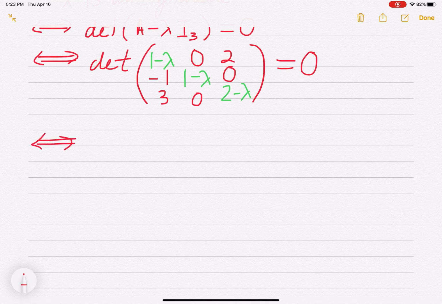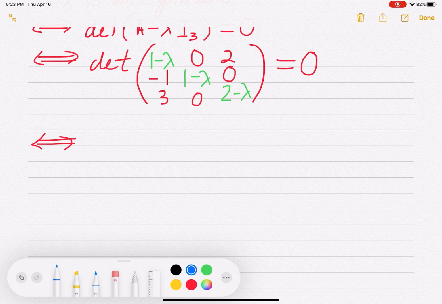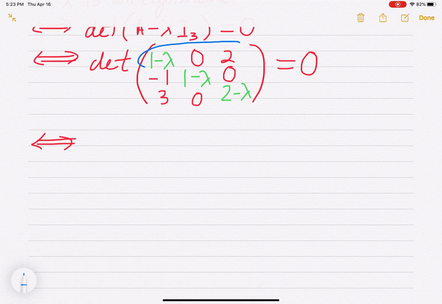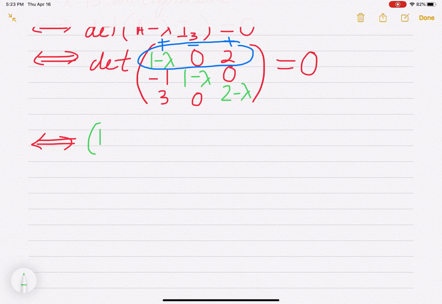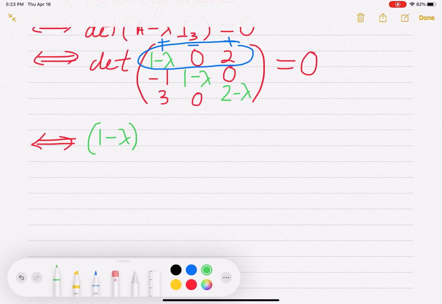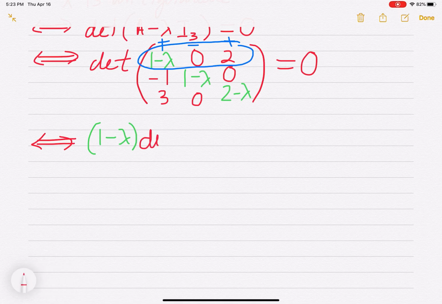So if I were finding the determinant here, I would probably expand across the first row. We're going to have what signs? Plus, minus, plus. So I start with 1 minus lambda, and I cover up the first row and the first column and look at the determinant of the following submatrix.